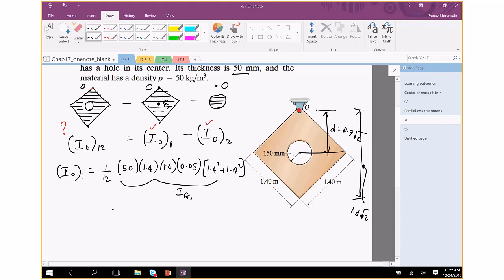So plus the mass times the, well, density times the length, width and breadth times thickness, times the distance from G to O, which is 0.7 square root 2, squared.